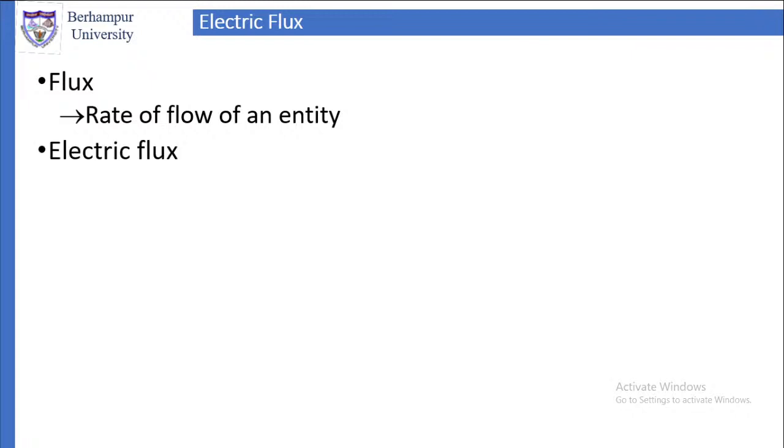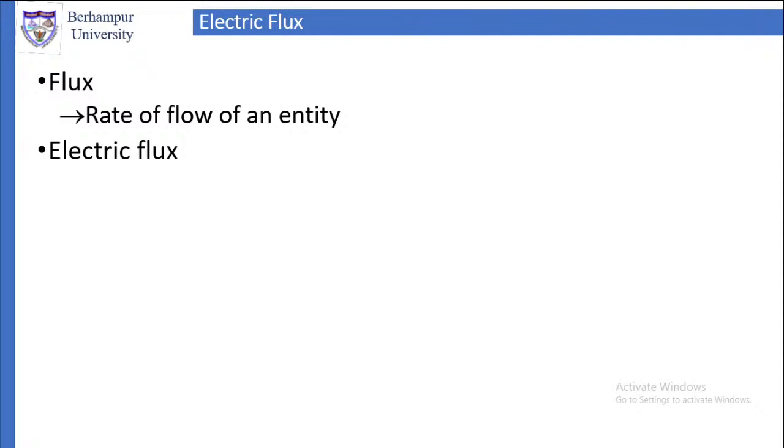So to start Gauss law, we define first what is called electric flux. That is the starting point. So what is flux? Flux is the rate of flow of an entity. When we say rate of flow of an entity, it does not mean it is time rate of flow.